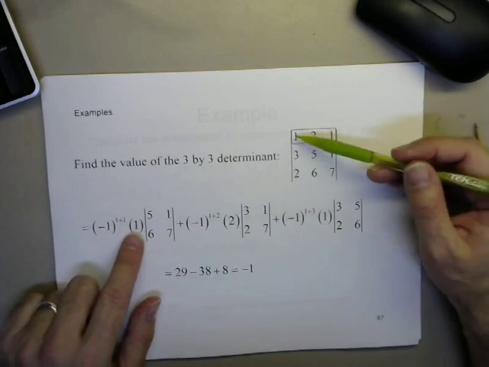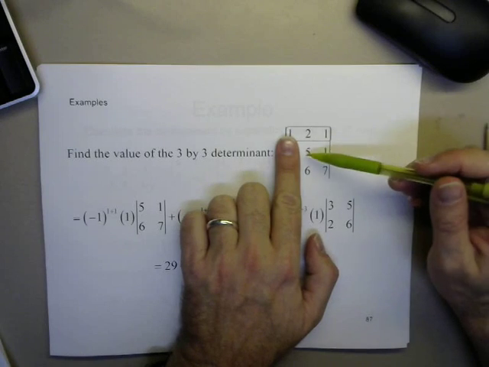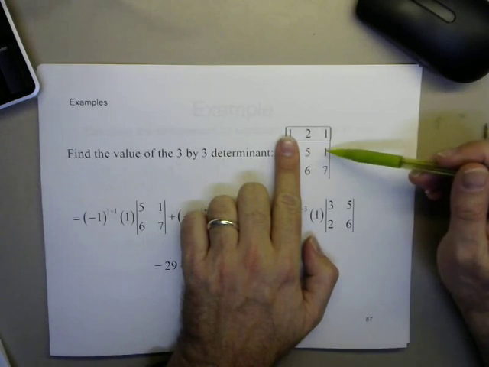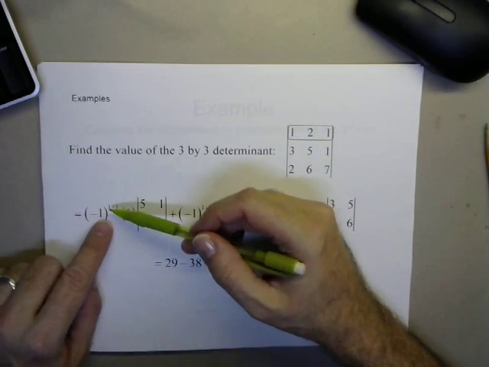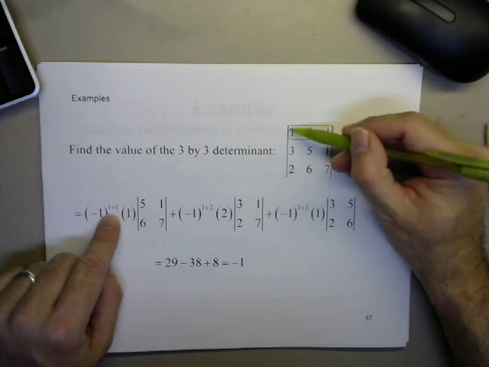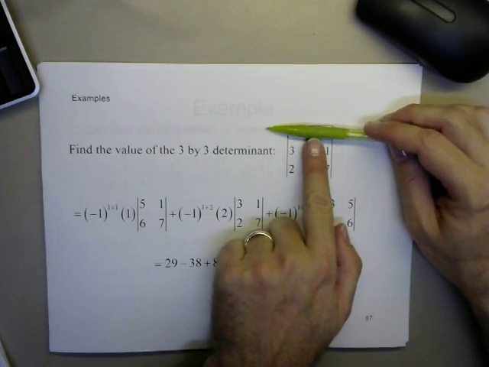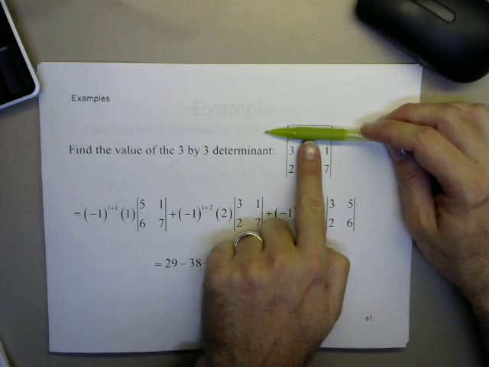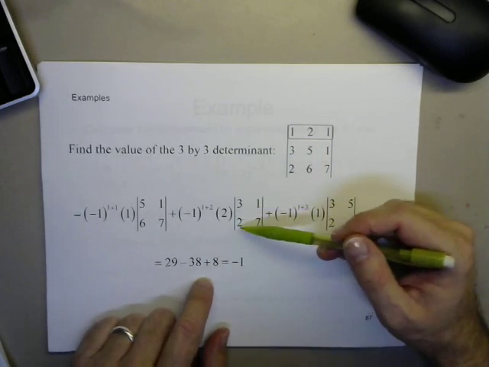So you take the thing in the first row and first column, cross that out, multiply by the subdeterminant, or the minor 5, 6, 1, 7, and then that would be multiplied by a -1 to the 1 plus 1, because this thing is in the first row and first column. Then what you would do is cross out the thing in the first row and second column. That would give you 3, 2, 1, 7. That would be your minor.